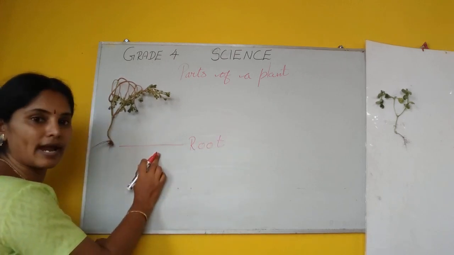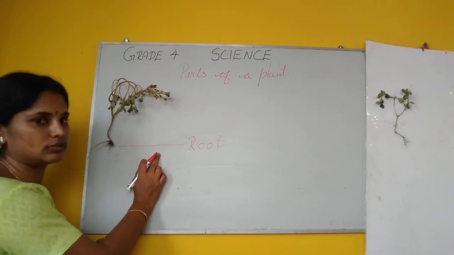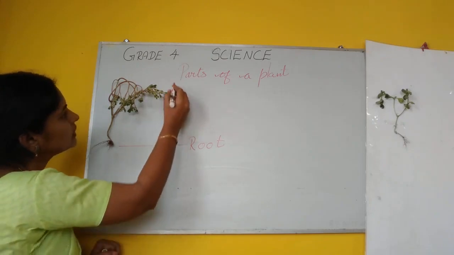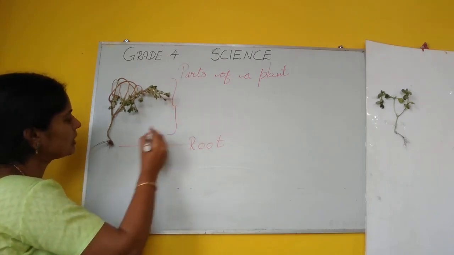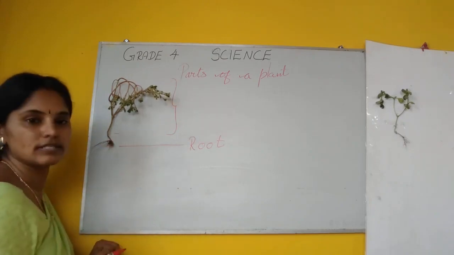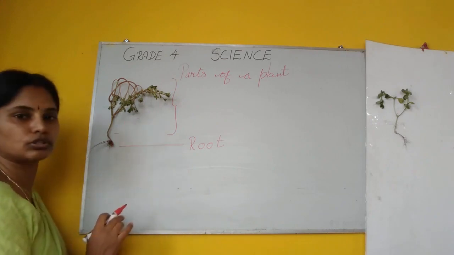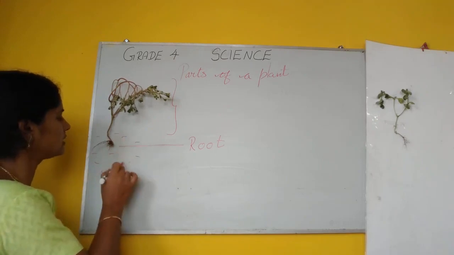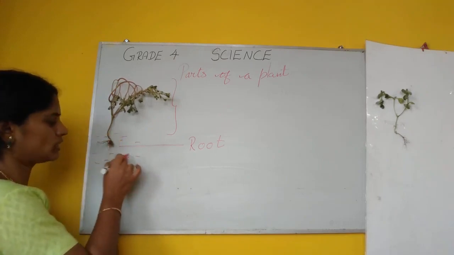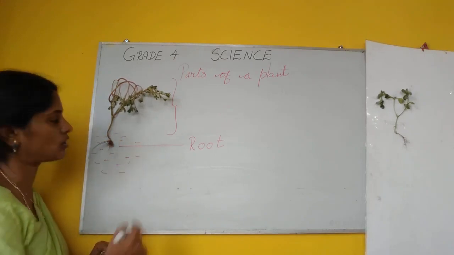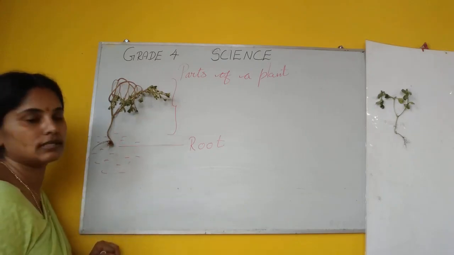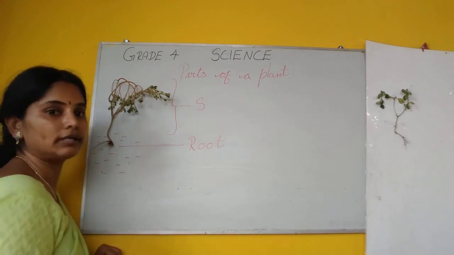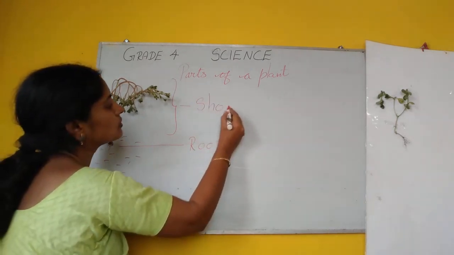This part of a plant we call root. Root part is below the soil. The part which is above the soil, we call it shoot.